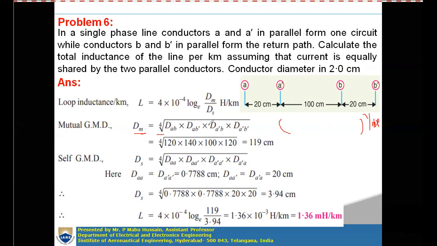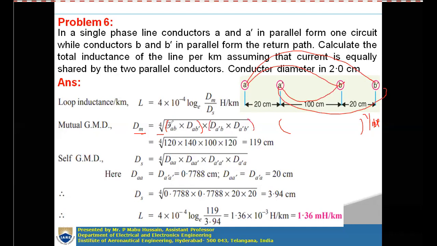So take the 4th root of the product of DAB, DAB dash, DA dash B, and DA dash B dash.